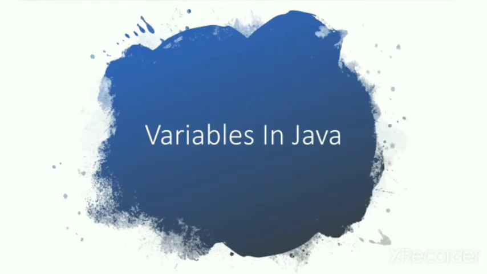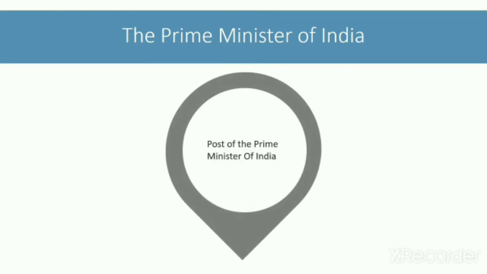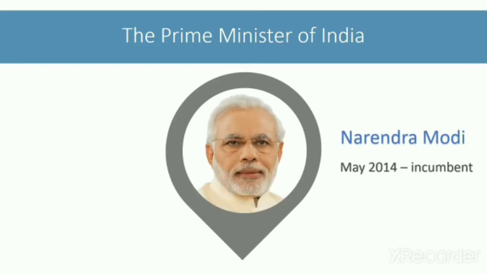Now we will start our discussion about variables in Java. The best example that I can think about to explain the concept of variables to you is that of Prime Minister of India. Different people hold the post of Prime Minister of India at different points in time. The current Prime Minister at the time I am recording this video is Narendra Modi.